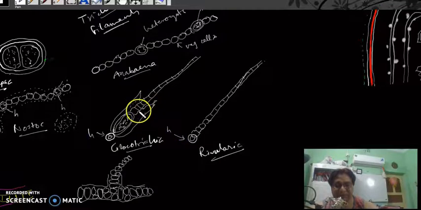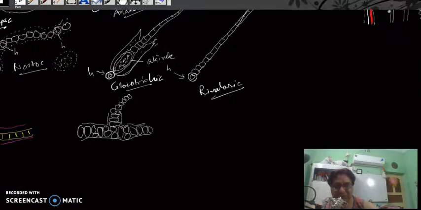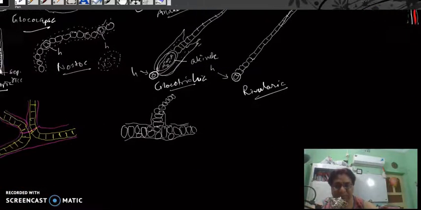But the difference between them is that in Gloeotrichia you will find an akinete just after the heterocyst, which will be absent in the case of Rivularia. Otherwise, both are very much similar. But there is another structure, a sheath-like structure, present in the case of Gloeotrichia just after the heterocyst, covering the basal portion of the filament.